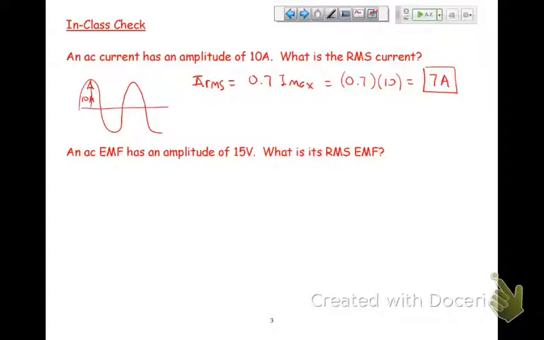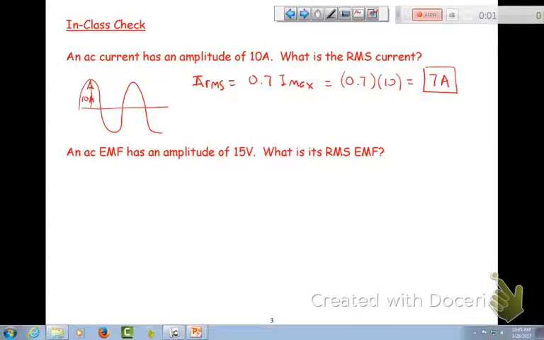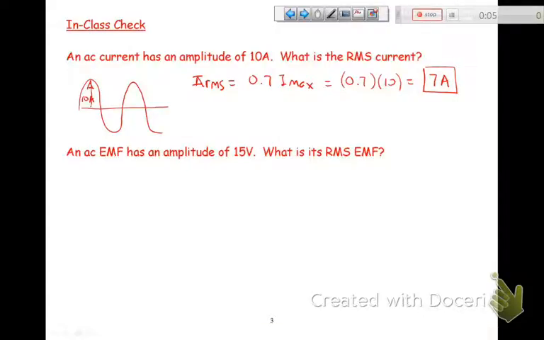An AC EMF has an amplitude of 15 volts. What is the RMS EMF? I'm going to put some numbers down. I want to get you involved. I want to say it's going to be 7 volts. That's A. B is 14 volts.